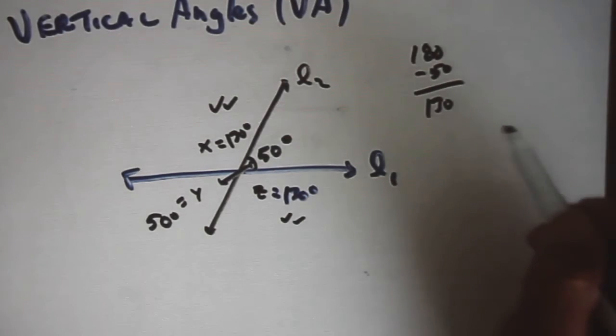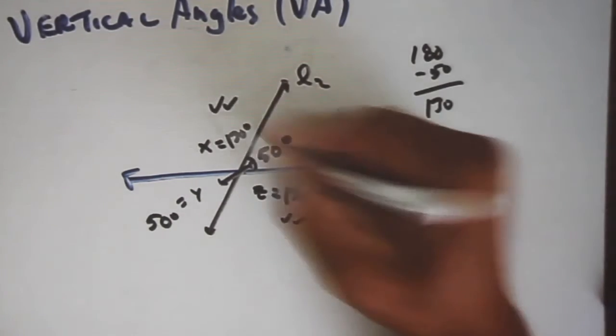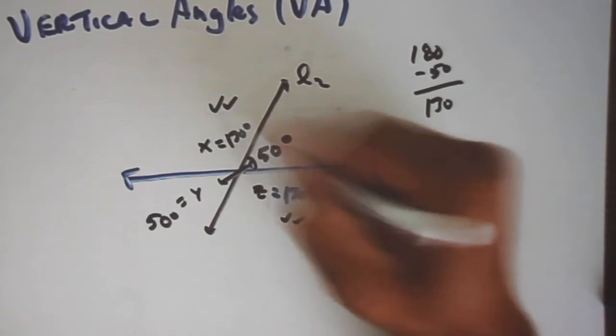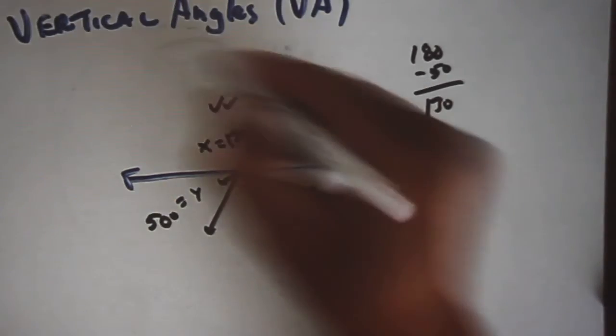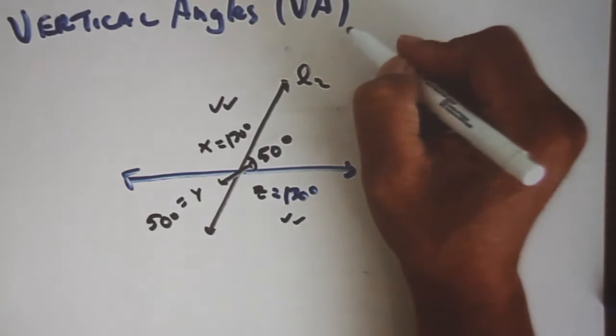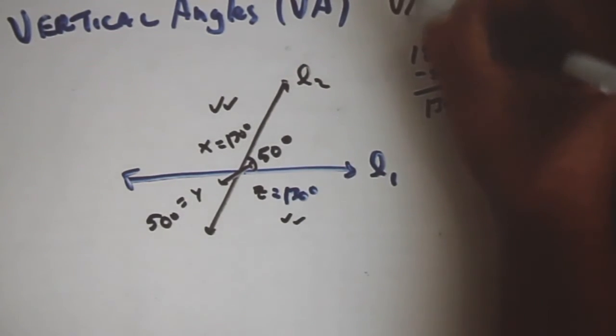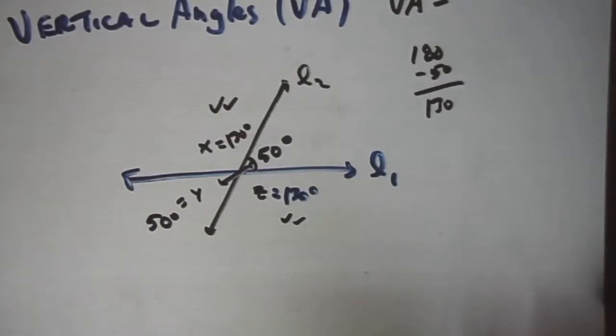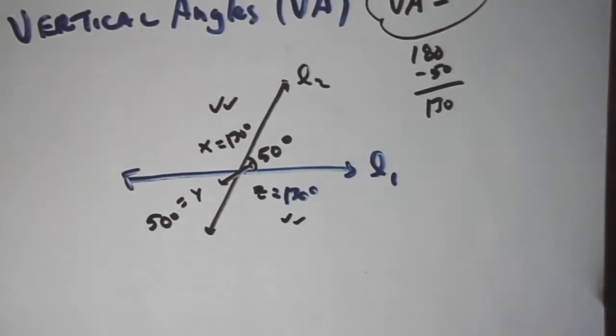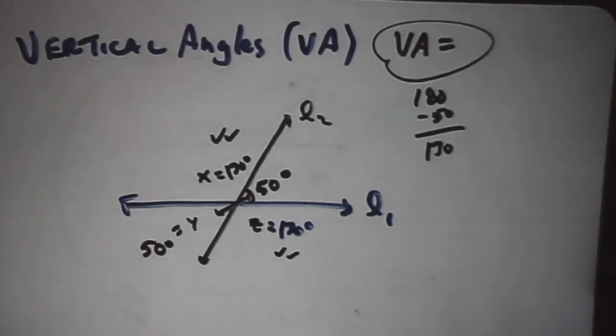So vertical angles are these relationships that exist between diagonal angles, and when two lines cross, we call them vertical angles. We abbreviate them VA for short. Vertical angles are always equal to each other, and that's what I always memorize in my head in terms of how that works with vertical angles.